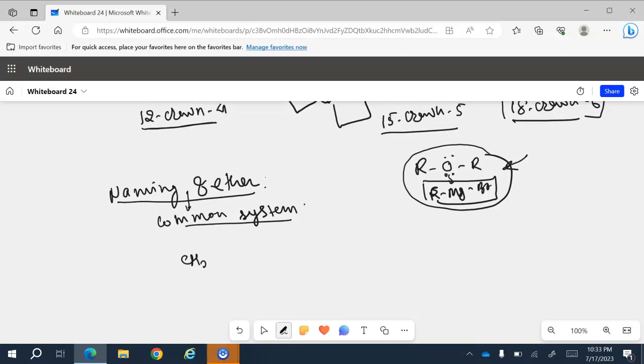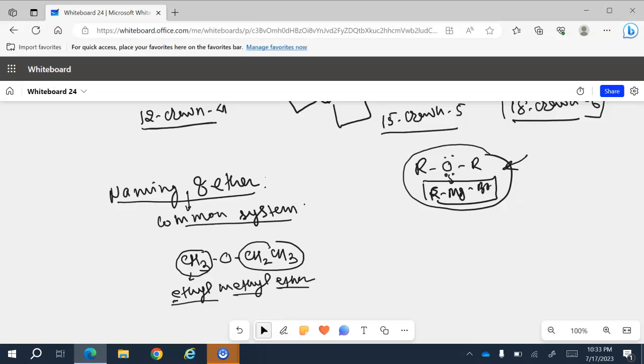For example, you have CH3OCH2CH3. On one side of the oxygen there is a methyl group, on the other side there is an ethyl group. When we name this kind of ether, we name the alkyl groups in alphabetical order and put ether as the suffix. So E comes first: ethyl methyl ether.